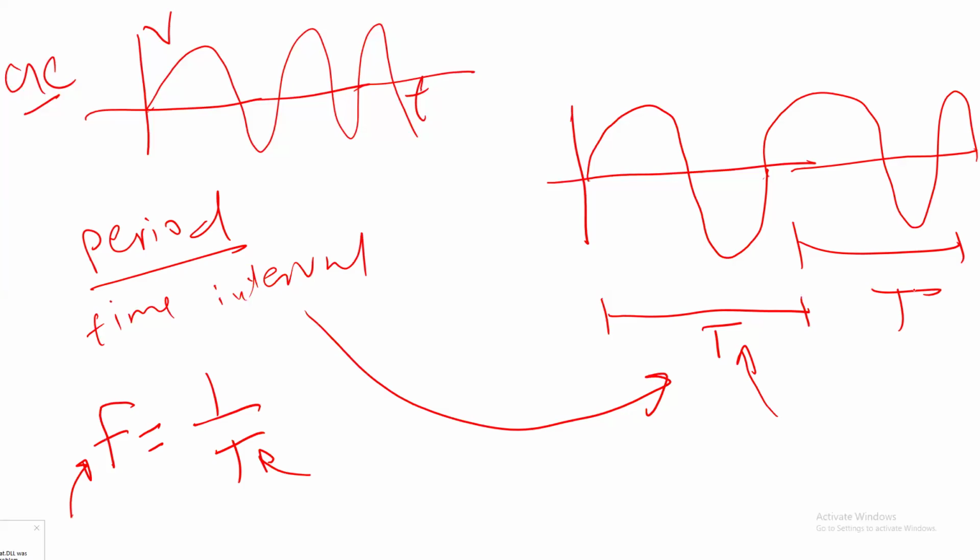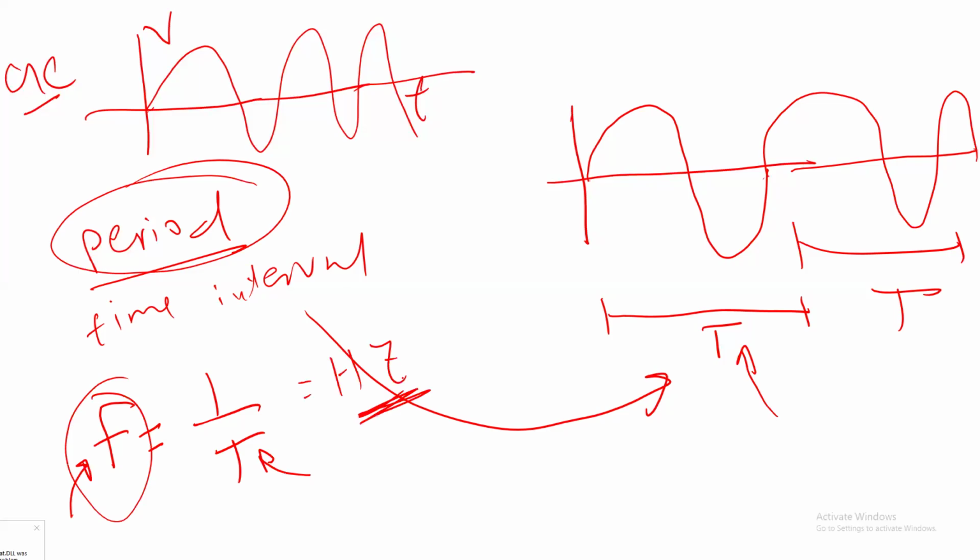So first you need to know what we mean by the period. Number two, you need to know the relation between frequency and period. Frequency is measured in hertz, and time is measured in seconds. This is the first parameter you need to know.